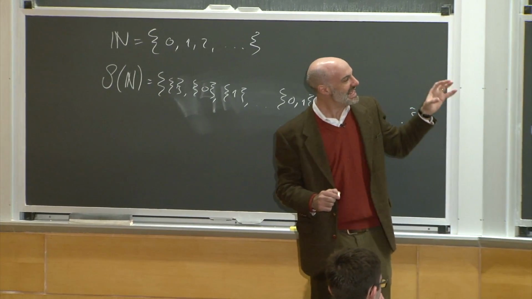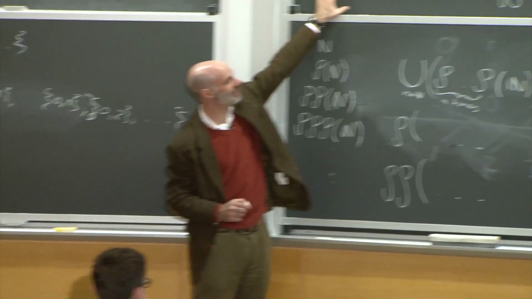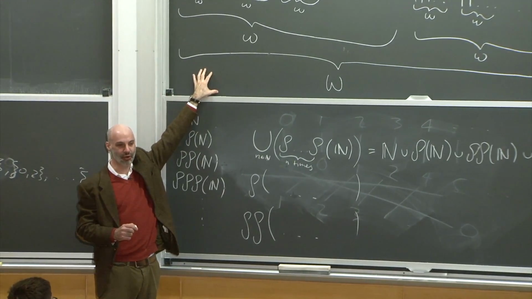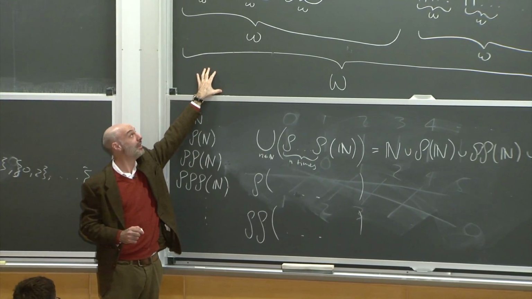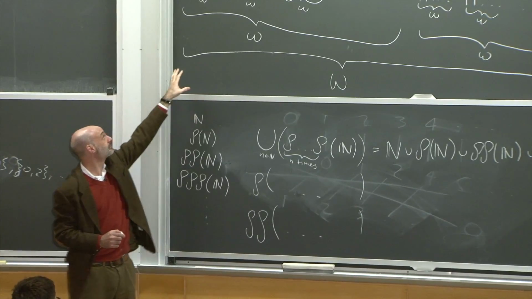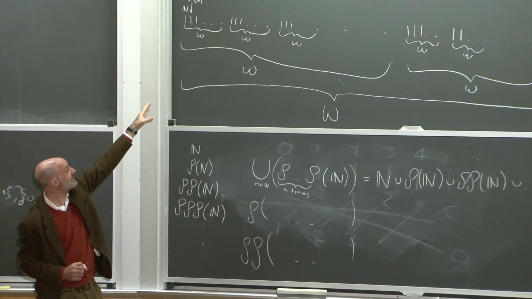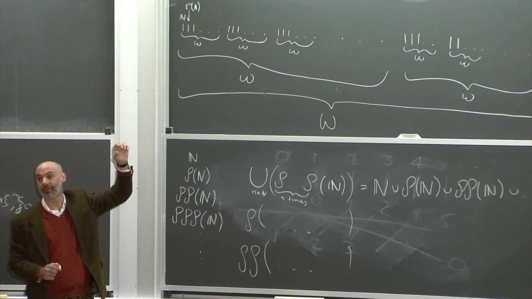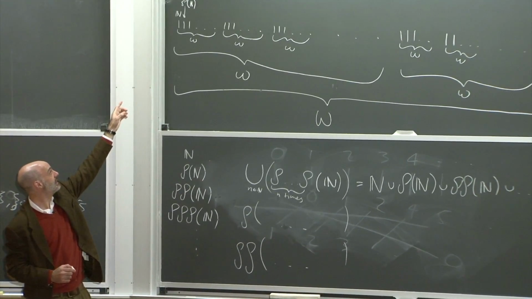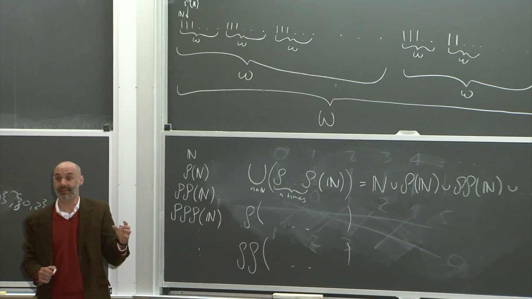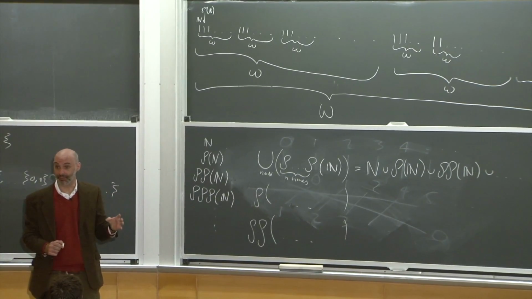So here is one way in which one can use this plan to generate a truly enormous set. Within these little omega sequences, to go from one item to the next, you apply the power set to what you had before.